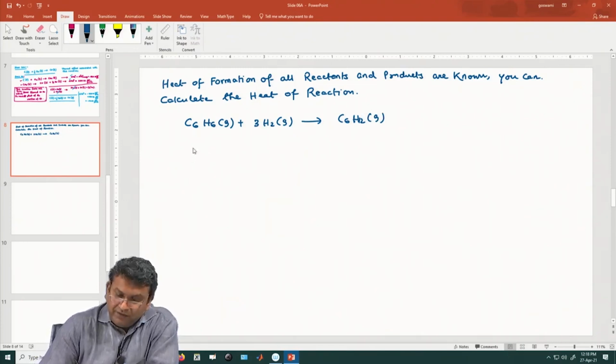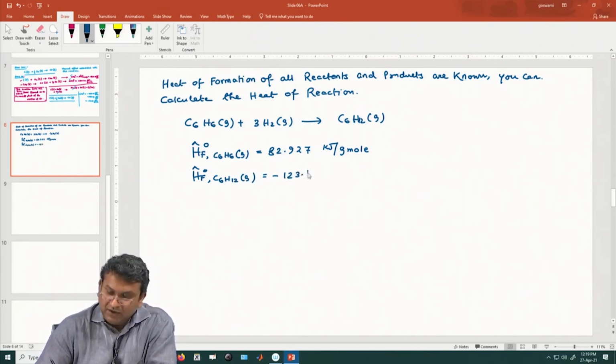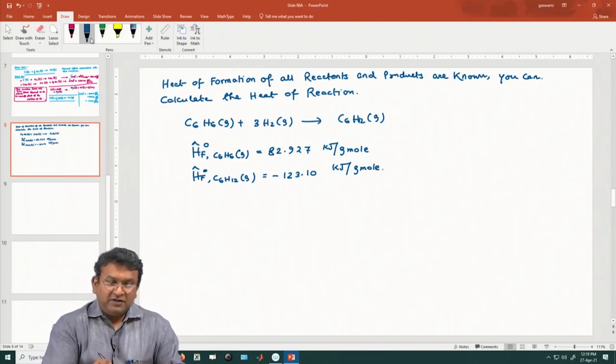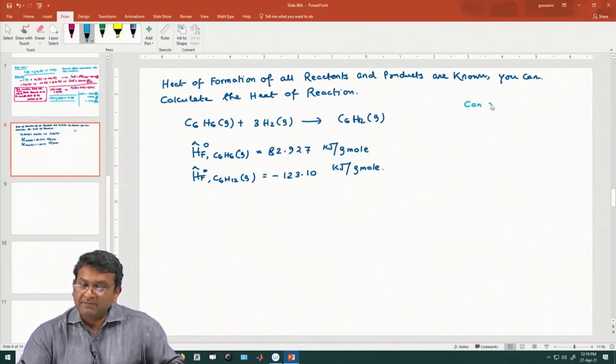And what is known is the heat of formation of C6H6G is 82.927 kilojoule per gram mole, and the heat of formation for C6H12 is minus 123.10 kilojoule per gram mole, right. So, if I now ask you to calculate the heat of reaction, can you calculate the heat of reaction?